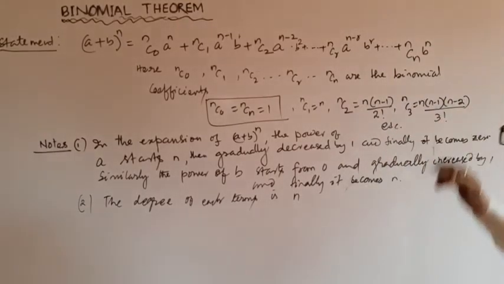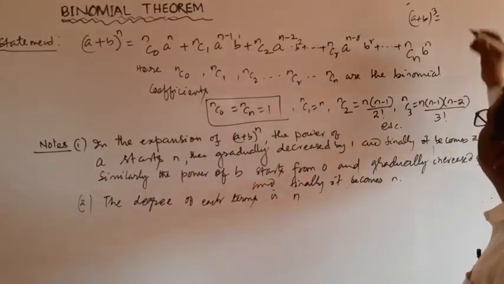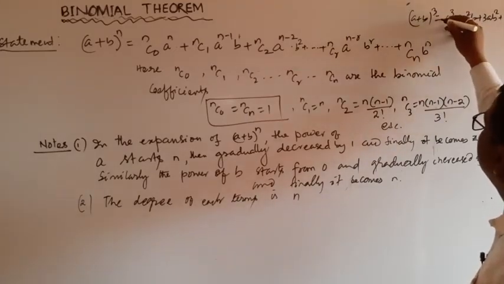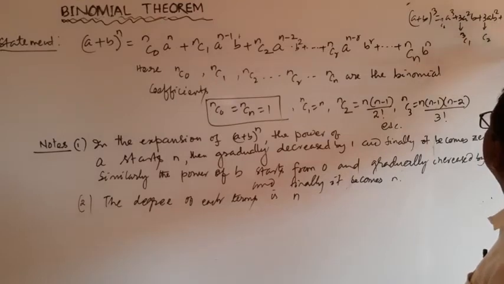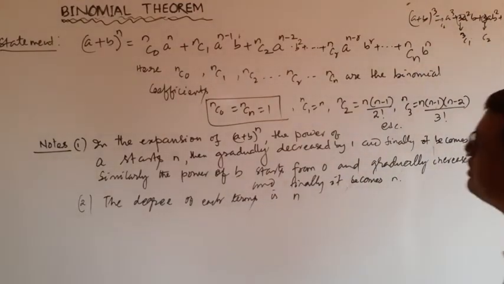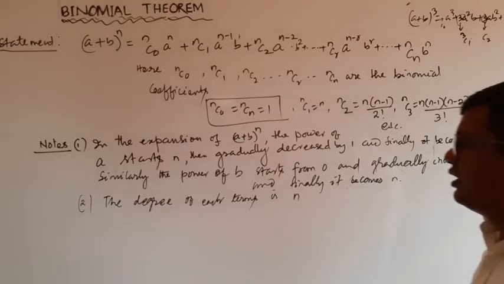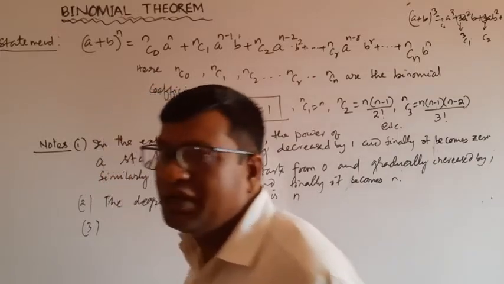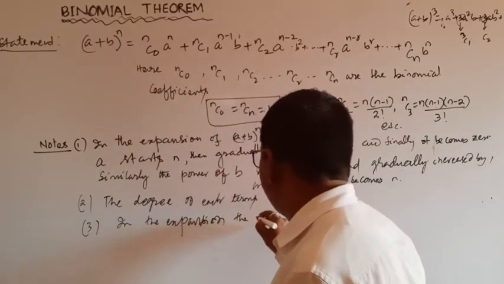For example, look at (a plus b) whole cube. It is a cube plus 3a square b plus 3ab square plus b cube. These are 3C0, 3C1, 3C2, 3C3. Here the equidistant binomial coefficients are equal. In the expansion, equidistant means equal distance.